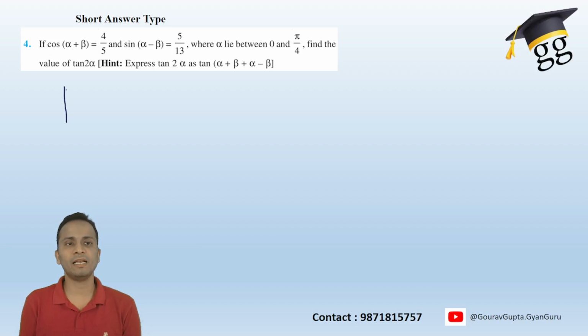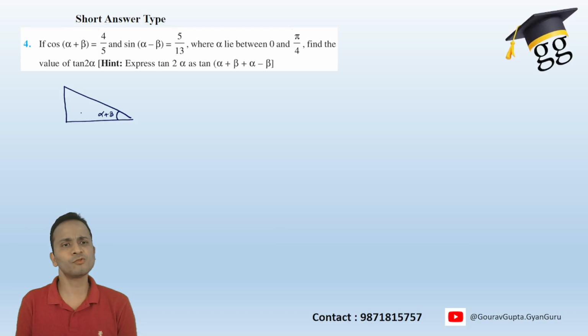So let's say I'll make a triangle whose angle is alpha plus beta. Cos alpha plus beta is 4 upon 5, that is base upon hypotenuse. So if base is 4 and hypotenuse is 5, then the perpendicular or the height will be equal to 3 using Pythagoras theorem. Now similarly, do it with alpha minus beta.